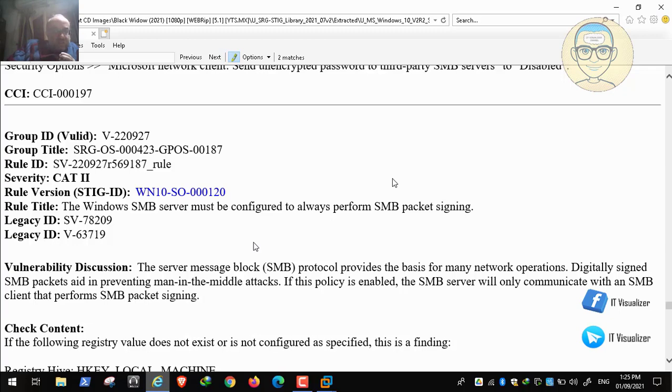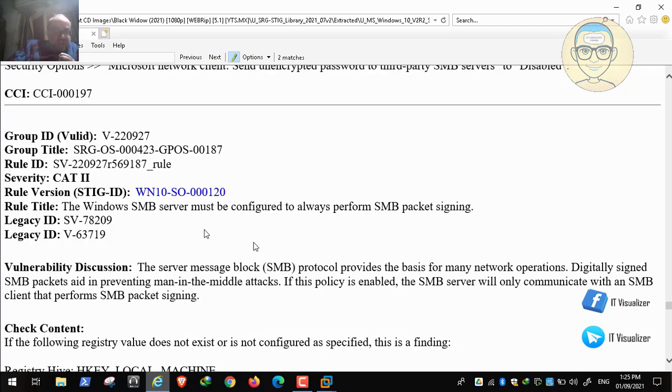So the SMB client and the SMB server both should support SMB packet signing. He is saying that the client maybe cannot support packet signing, but the server should always support packet signing.